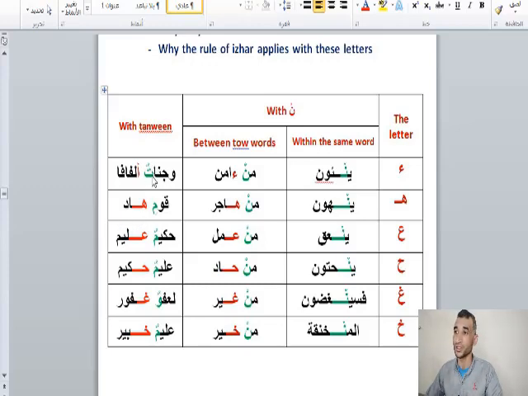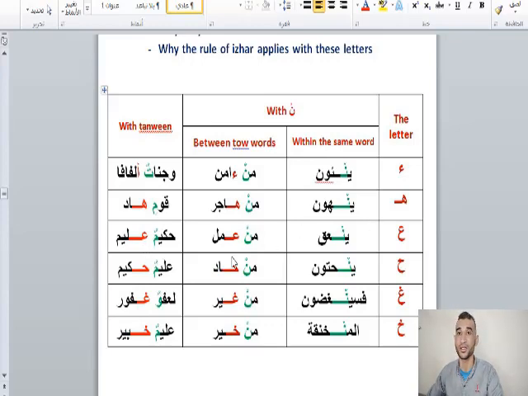The tanween comes at the end of the first word, and the letters of izhaar or clearing come after the tanween at the beginning of the next word.